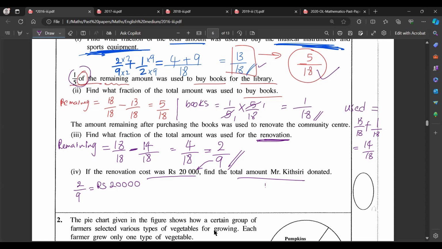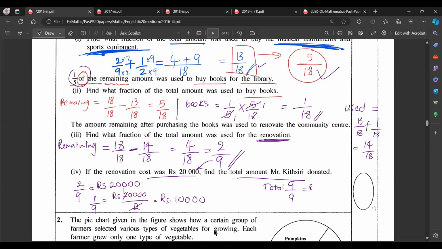Total amount. Total amount means if they are having 9 parts, the total should be 9 out of 9. You know what? 2 parts is equal to 20,000. If I consider 1 part, it should be what? 2 parts equal 20,000, no? So 1 part is equal to 20,000 divided by 2, that is 10,000. 1 out of 9 should be equal to 10,000.